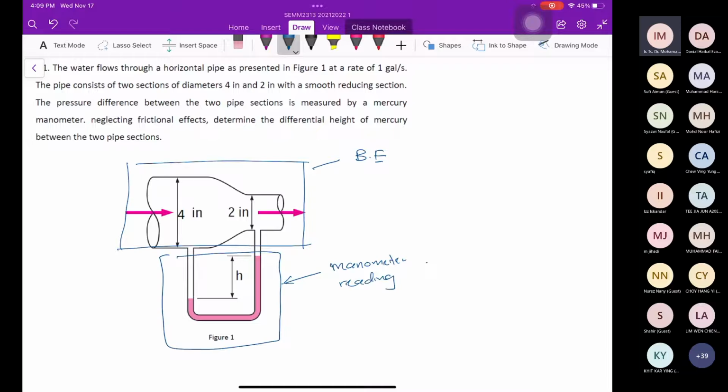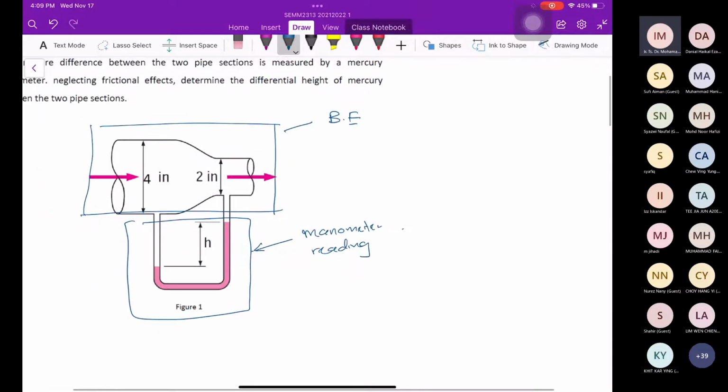By using the hydrostatic equation, which is P2 minus P1 equal to negative rho g (Z2 minus Z1), we can calculate the manometer reading.